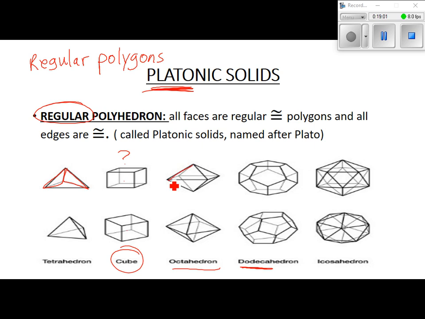This one, an octahedron, there's 8 triangles. All 8 of them are exactly the same. This one, a dodecahedron, has 12 pentagons, and every one of those pentagons is exactly the same.